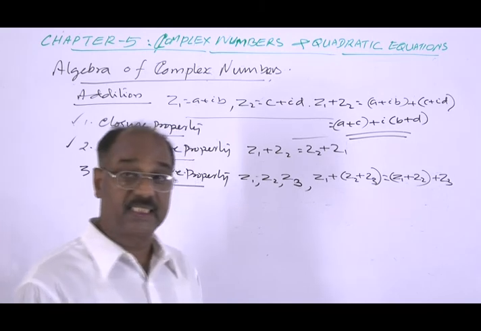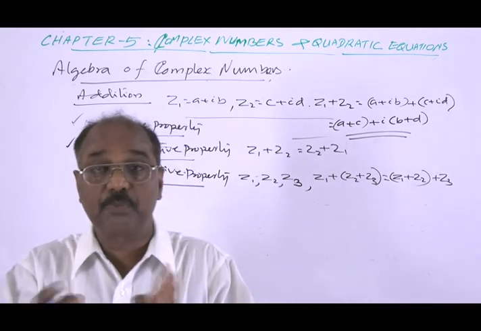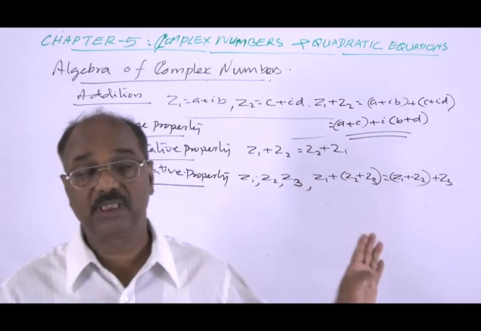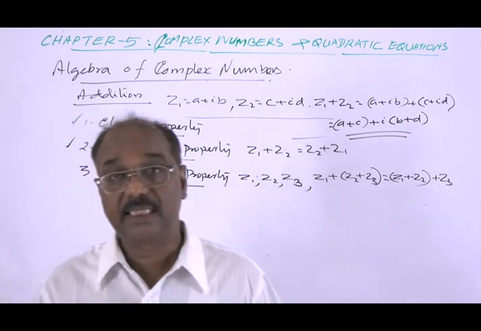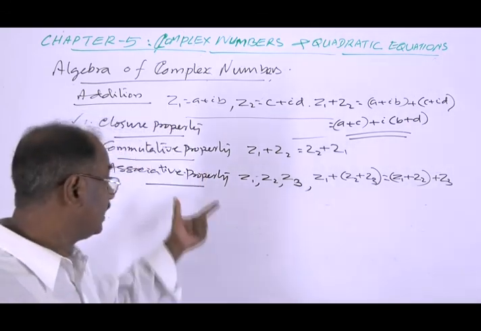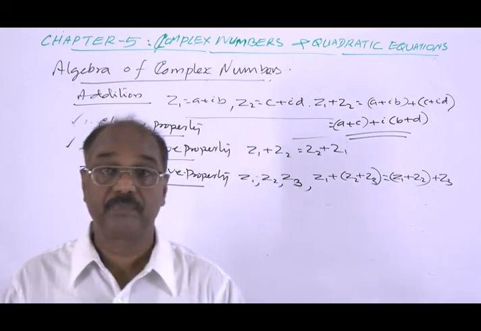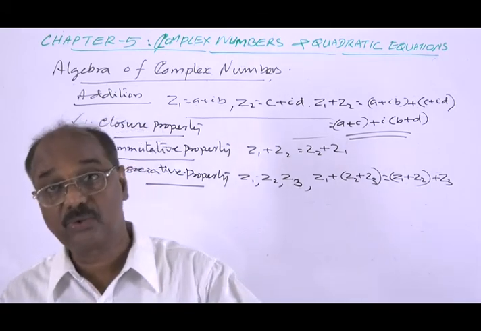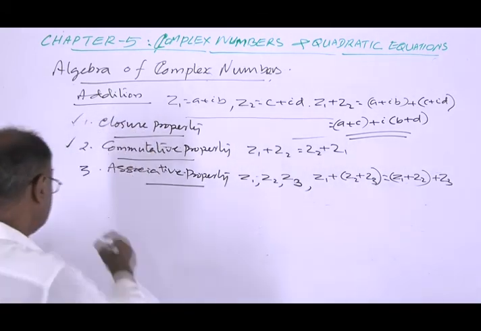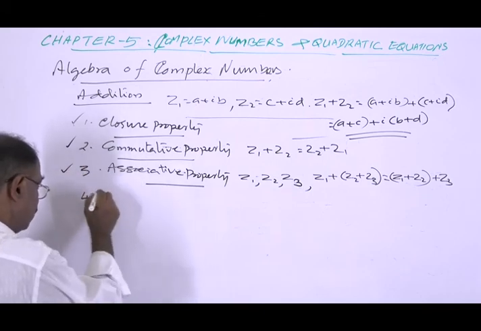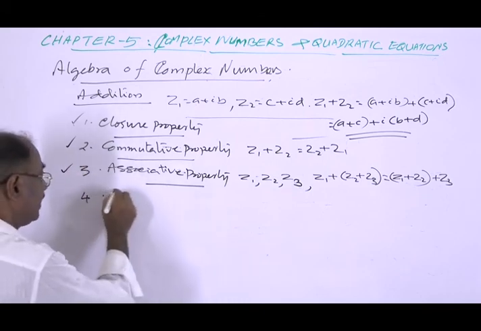In the case of addition, this association is possible. This associative property is satisfied in the case of addition of complex numbers. So the associative property is also satisfied. And then the fourth one, existence of identity.